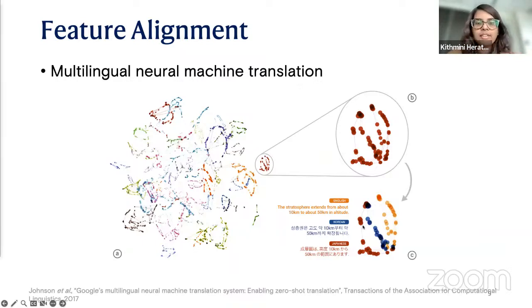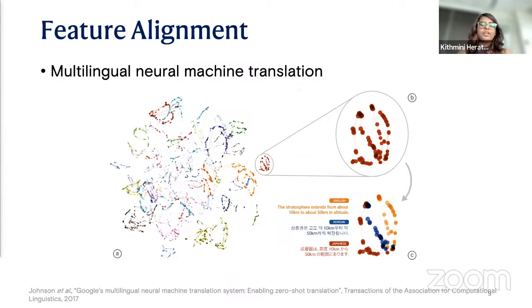So even though the model is trained for English-Korean and English-Japanese, given a Korean sentence, it can give you the corresponding Japanese sentence. This shows that if you learn a joint embedding space, you can go back and forth between languages that the model was not explicitly trained for.